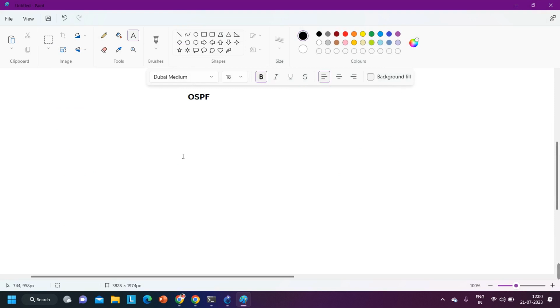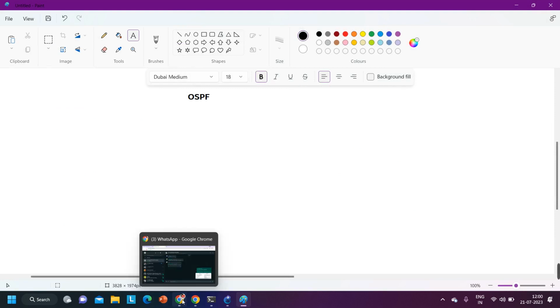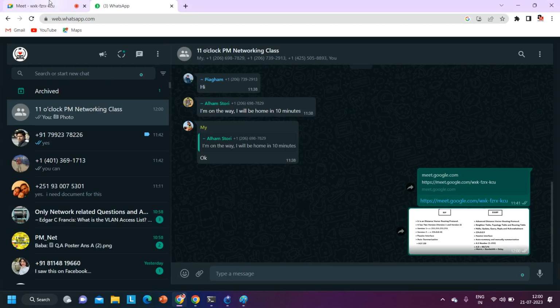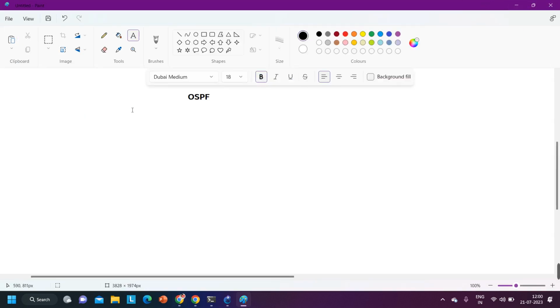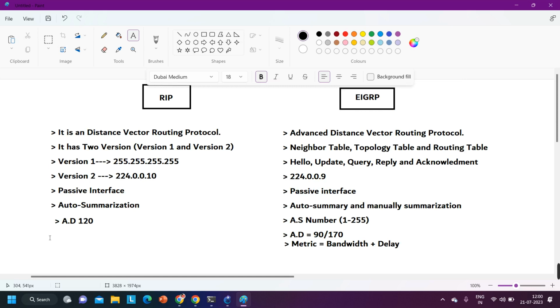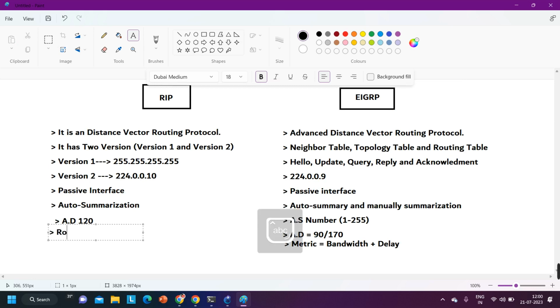EIGRP stands for what? May I know what EIGRP stands for? Enhanced Interior Gateway Routing Protocol. So please keep in mind the full forms of routing protocols. Like RIP stands for Routing Information Protocol.